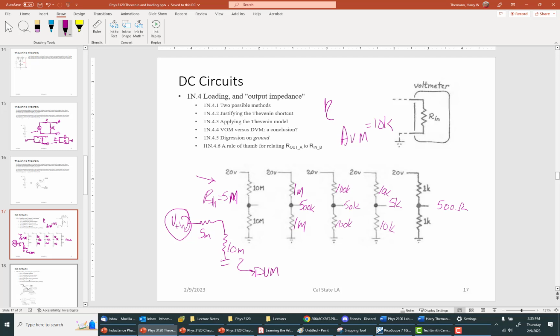So in that case, the only circuit I could measure would be this one here, because the rule of thumb is the 10 times rule. We want the input impedance of the next stage to be 10 times the output impedance of the stage before it.